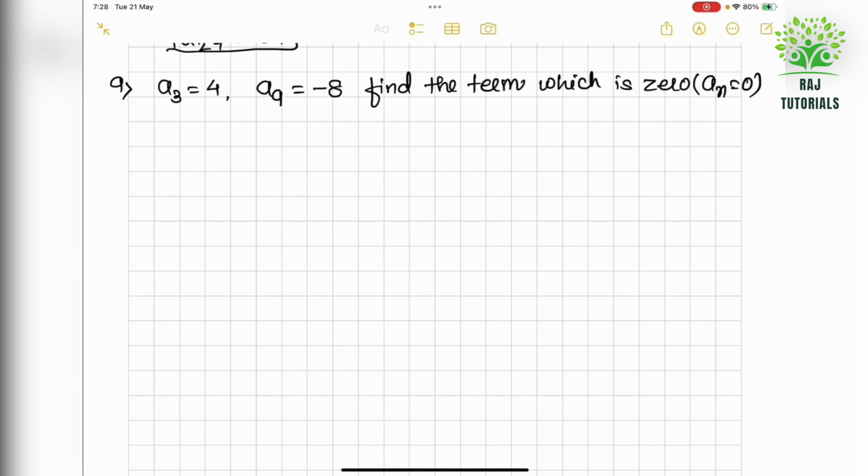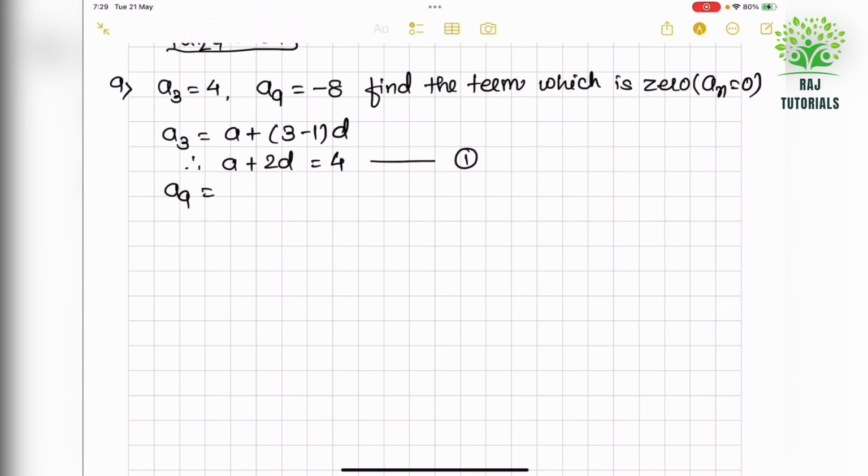Now in the ninth question I am given A3, that is the third term of an AP, is 4 and the ninth term is minus 8. To find the term which is 0. So using again the formula, A3 will be A plus 3 minus 1 D. So therefore A plus 2D equal to 4, this is 1.